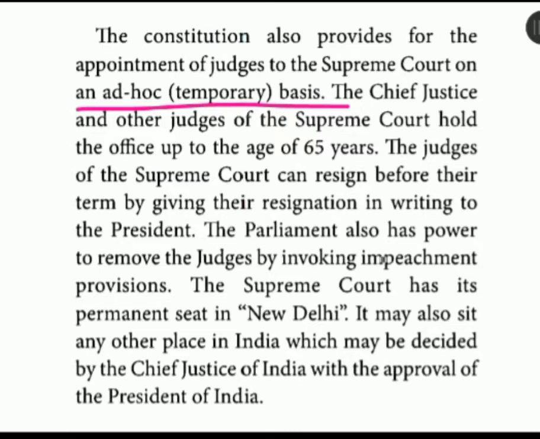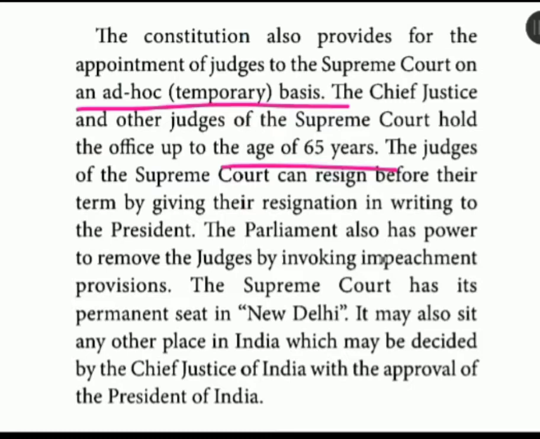Then up to how many years of age can they work as a Chief Justice of the Supreme Court? There is an age limit: till 65 years of age only they can work as a Supreme Court judge as well as the Supreme Court Chief Justice.